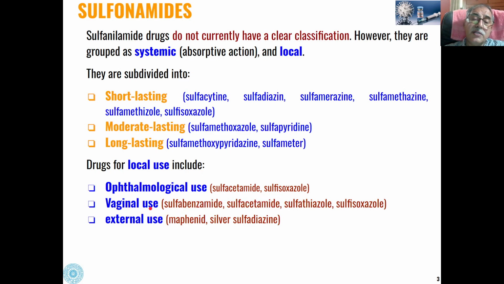If vaginal use is there, sulfabenzamide, sulfastamide, sulfathiazole, and sulfisoxazole can be used in vaginal diseases. Then for external use, mefenid and sulfur sulfadiazine can be used externally in the form of paste and other things.